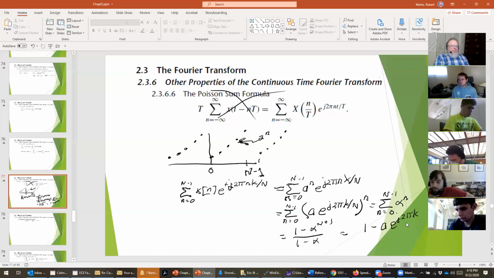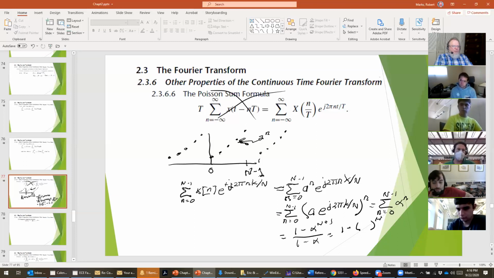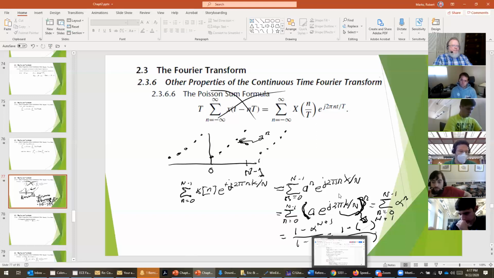So it's n plus 1 over 1 minus this, where the parentheses include this term. So if you took this term and stuck it in here, that's what the DFT would be. Does that make sense? Yes.